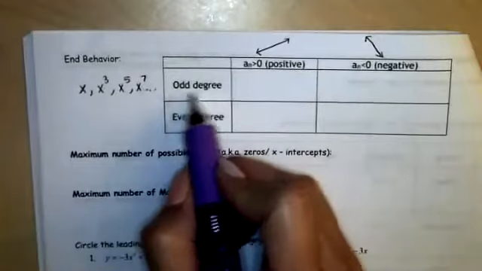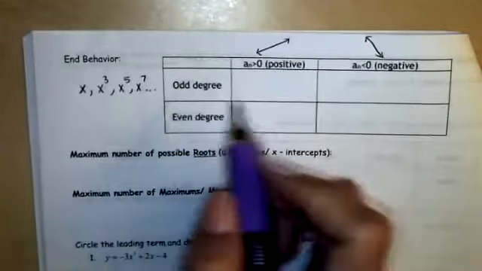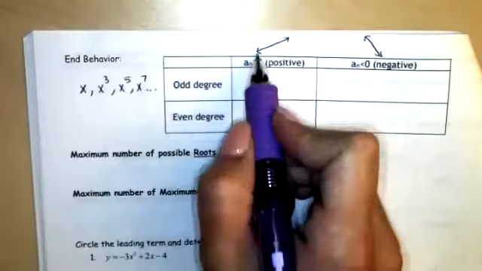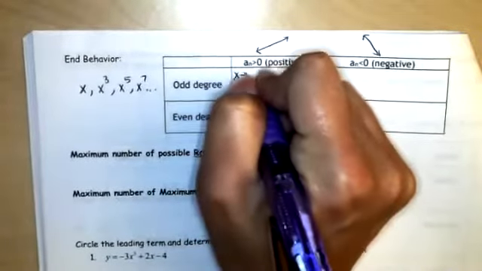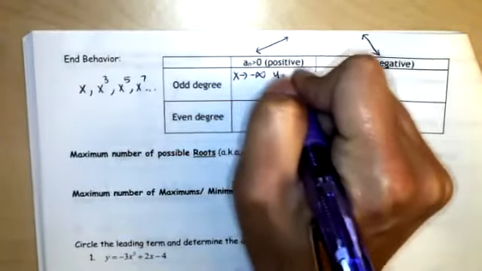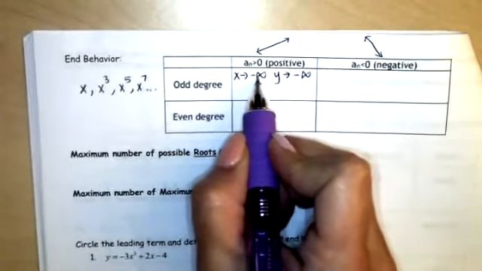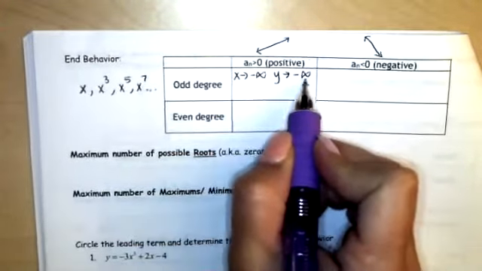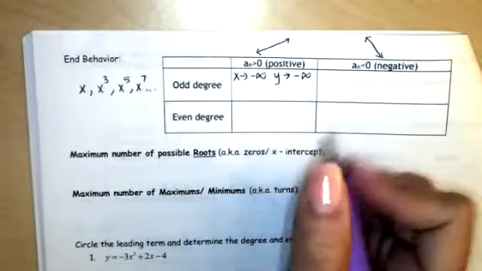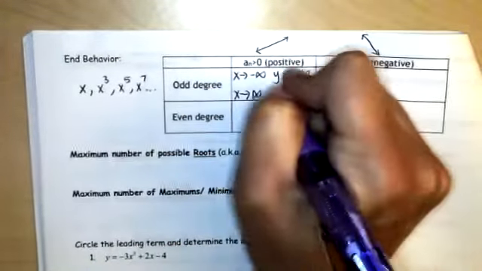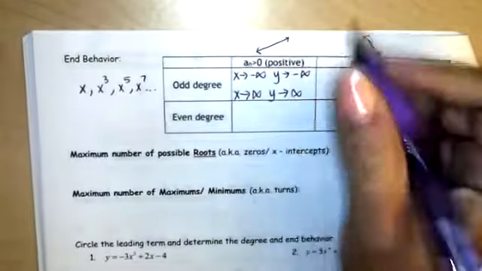So an odd degree polynomial with a coefficient that's positive is going to start at the bottom and end at the top. So we write that as x approaches negative infinity, y is approaching negative infinity. So this means on the left, because that's where x gets smaller, y is also getting smaller, so ending at the bottom. And then as x approaches positive infinity, so the right, y is also approaching positive infinity.